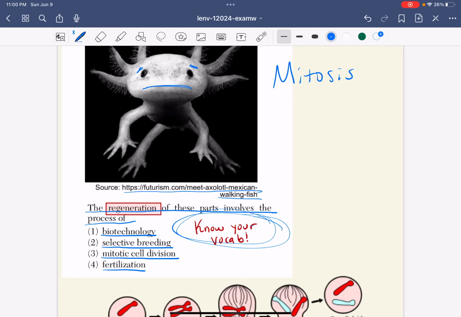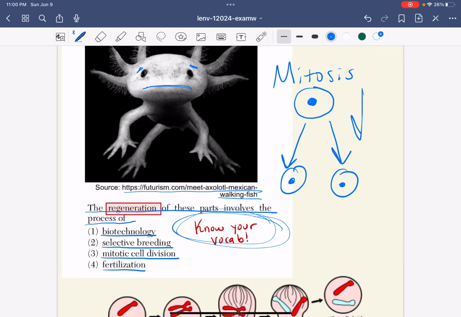Mitosis is when you have a cell, whenever that dot is in the middle, that's a nucleus, becomes 2. It divides to make 2 new cells. This is growth. This is development. This is healing. Now, for animals like this cutie pie, the regeneration is happening because of mitotic cell division.